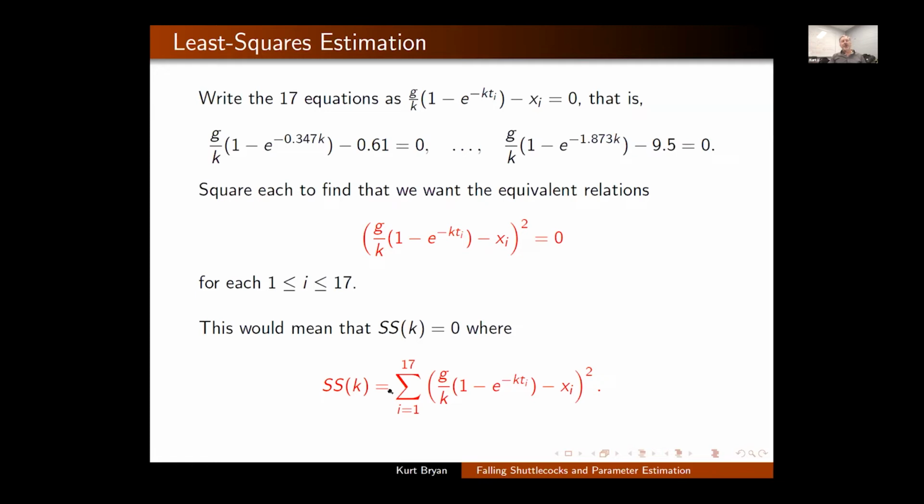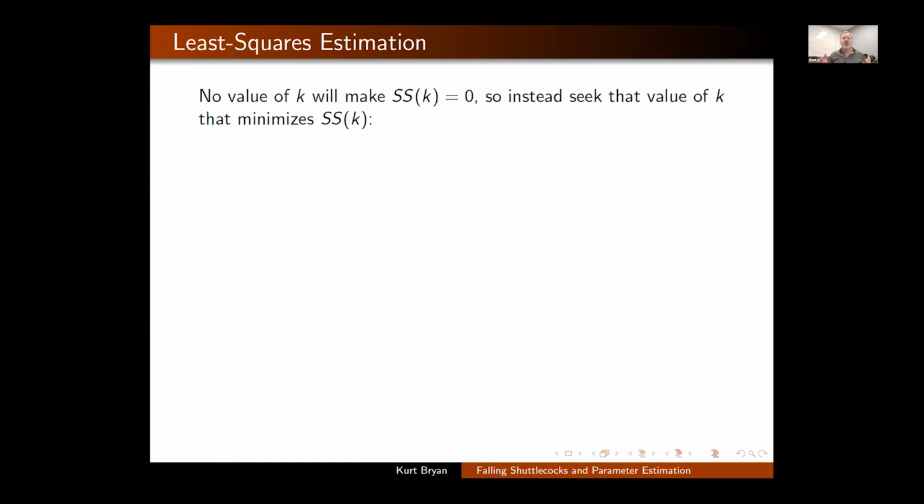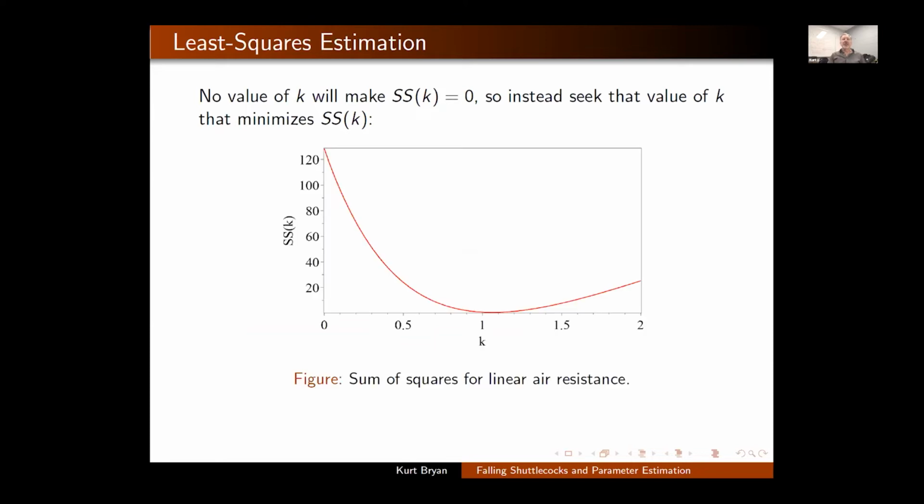If you could make this SS of K, the sum of squares with respect to K, equal to 0 for some choice of K, you would have solved all 17 equations simultaneously. It's not going to happen. So you opt to minimize that function of K, and this is a way to find a compromise solution.